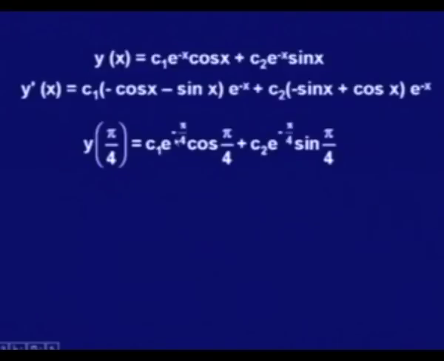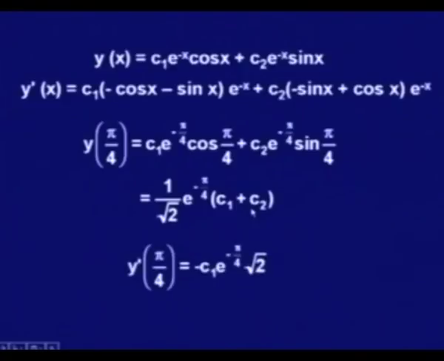I will get e to the power minus pi by 4, and cos pi by 4 and here again sin pi by 4. We do know the values of cos pi by 4 and sin pi by 4. They are 1 by square root 2. So, we get 1 by square root 2 e to the power minus pi by 4 times c1 plus c2.